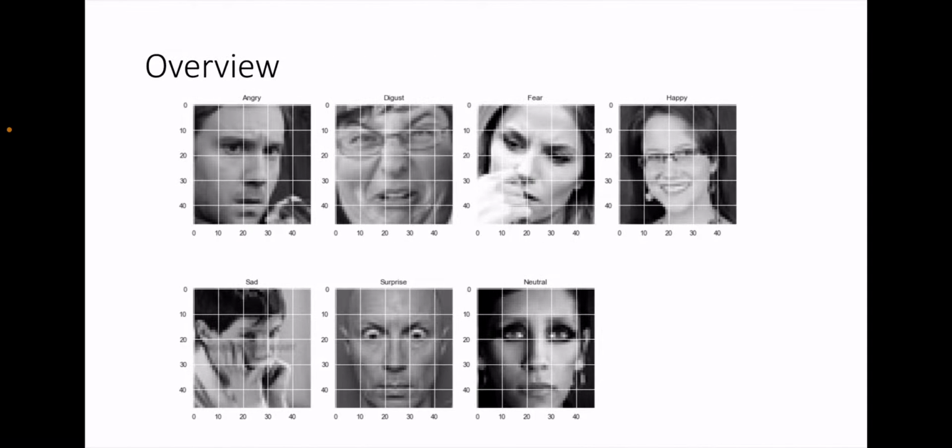These are several random images from the dataset. And these are the main classes of this project: angry, disgust, fear, happy, sad, surprise, neutral. You can see the mimic of the face and the expression.